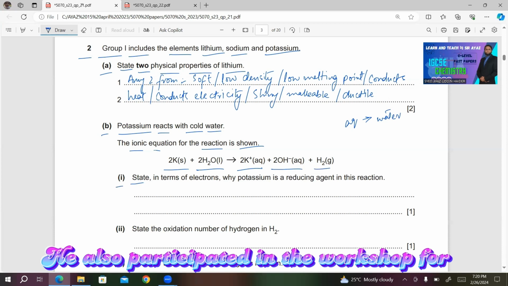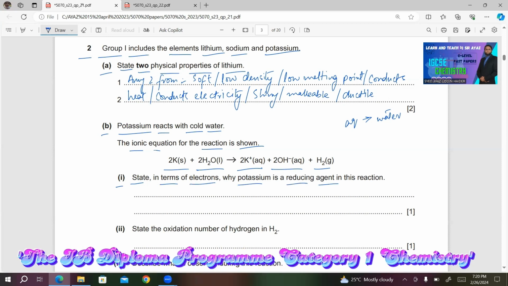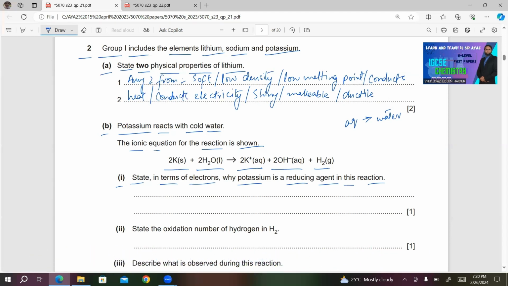Number 1, state in terms of electrons why potassium is a reducing agent in this reaction. You see, in this reaction, potassium being a metal, it is losing electrons because there is no charge on the potassium on the left hand side, that is the reactant side, and on the right hand side you can see it is carrying +1 charge. Plus means +1, which means it has lost electrons.